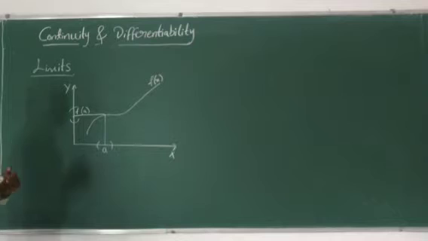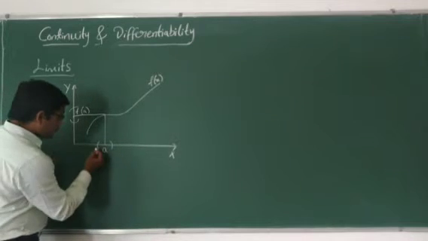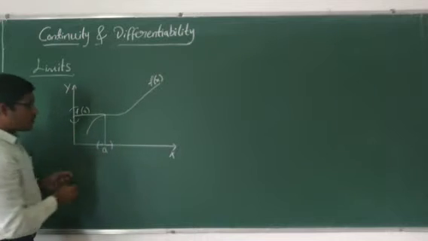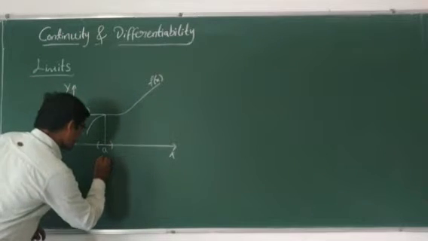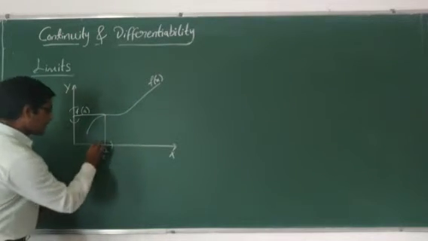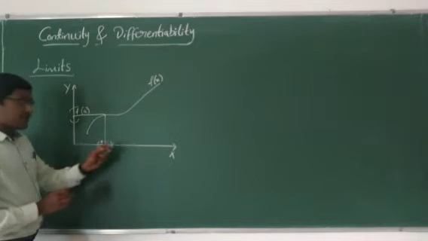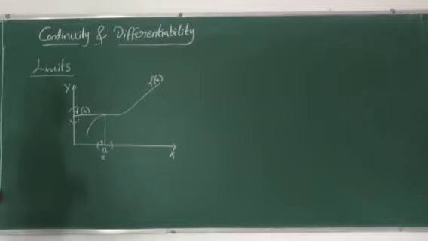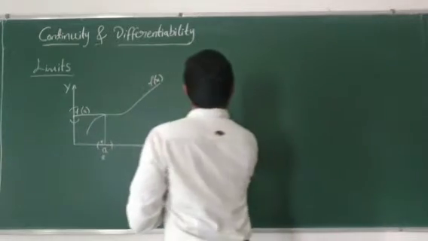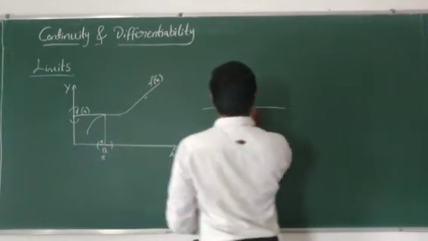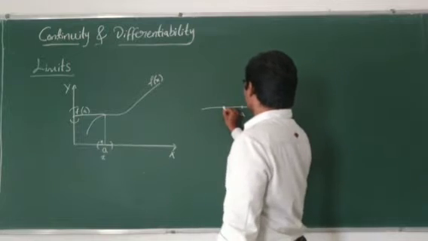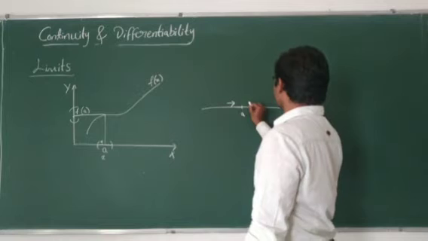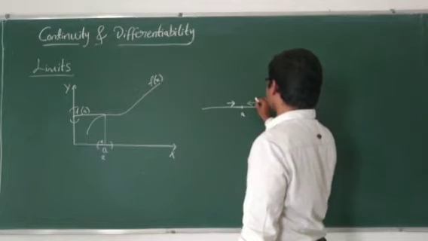Now what is limit? The limit is when you approach A, whether from left side or from the right side. When you approach A, suppose this is A, you approach from left side or you approach from right side.